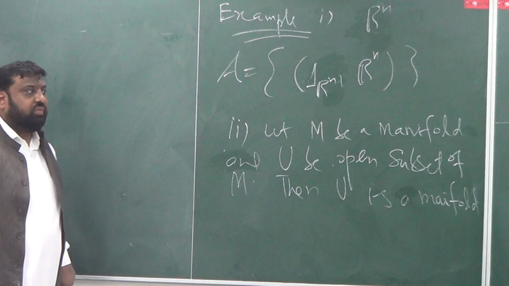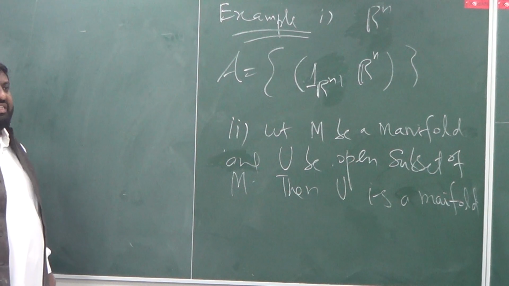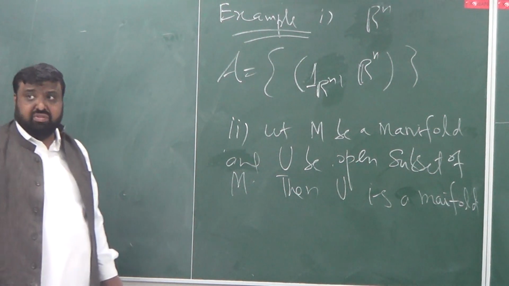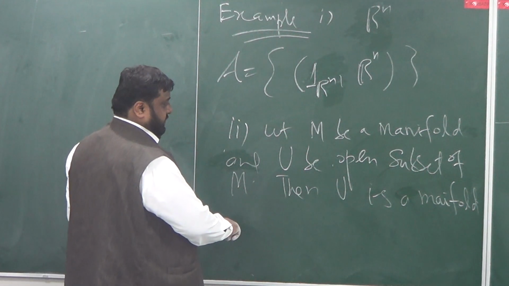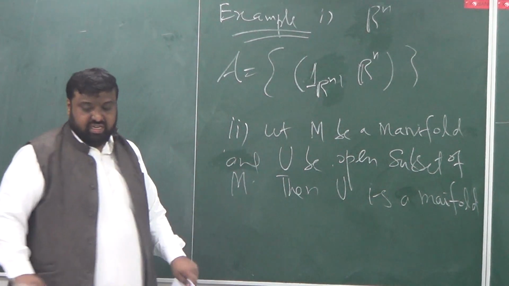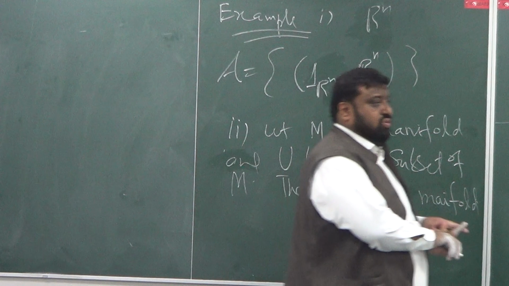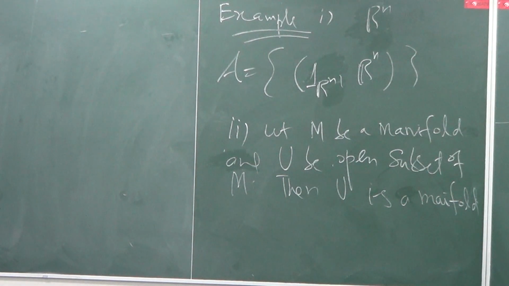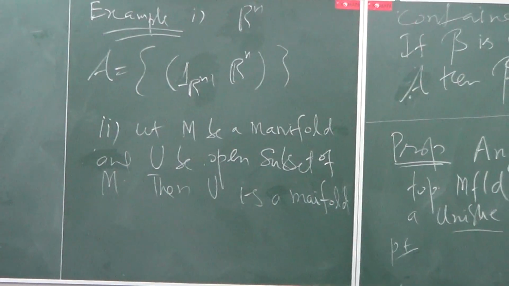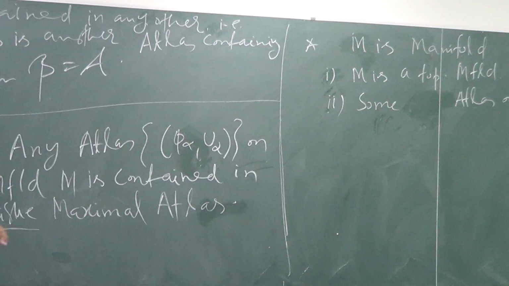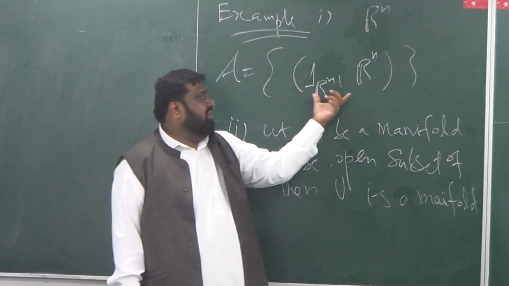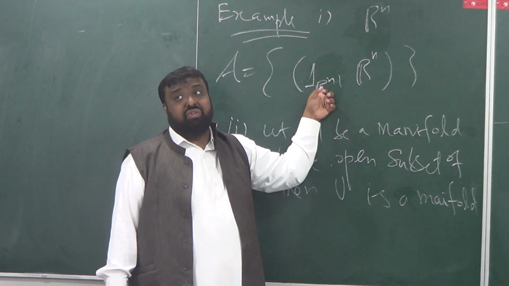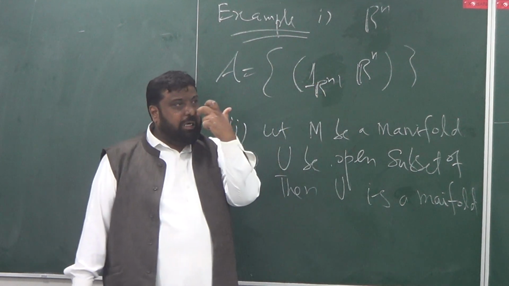Question. How can I show that this open set is a submanifold? In order to be a manifold, it must have two things. Number one, it must be a topological manifold. You must have an atlas. Why is U a topological manifold? We have discussed it previously, because you can have a similar chart, U and identity of U. So that could be a chart of it.